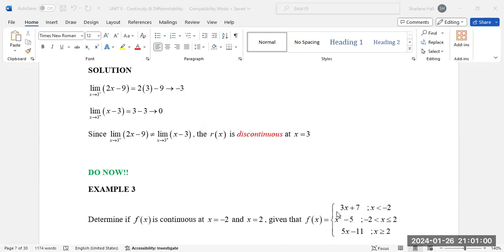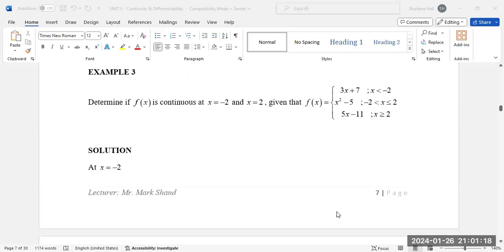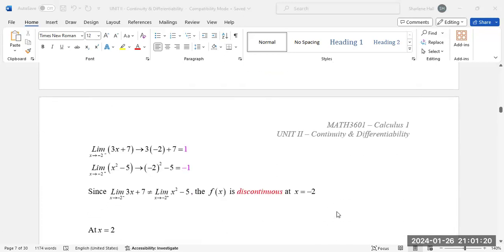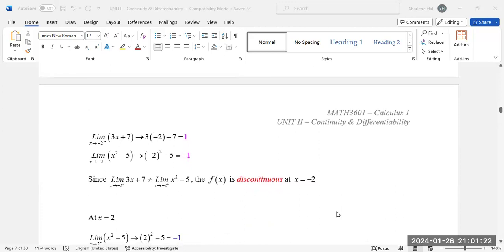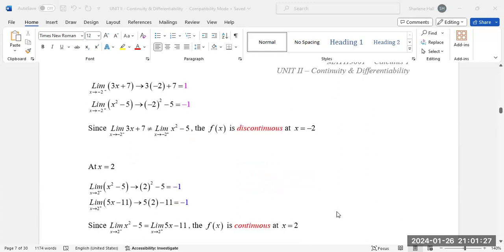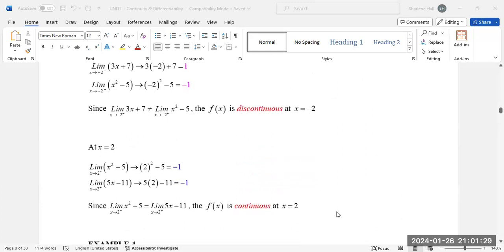All right, so is it continuous at x equal -2? No, sir. What say you, Simon? No, sir. What about x equal 2? Yes, sir, continuous. You got 1 and -1? Yes, sir. And -1 and -1? Yes, sir. Topic done.